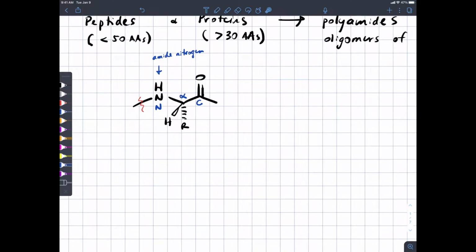This alpha amino acid with a side chain, which we're not specifying, will be bonded to the next one, and so on. So you can draw a repeating peptide chain in this way, with each subsequent amino acid having a side chain.